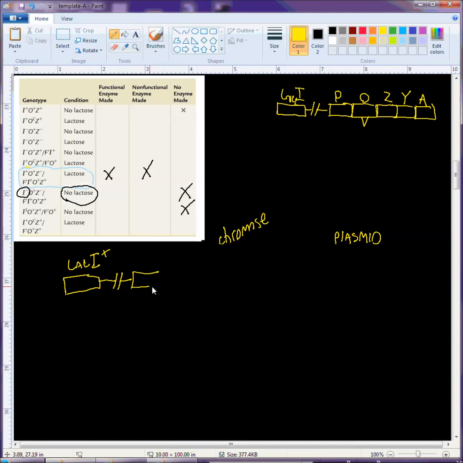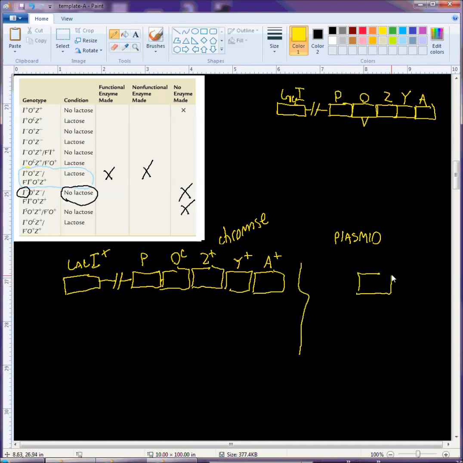Now let's diagram the operon. So P, and we have OC. Again, I'm getting a little tired of OC. Z plus, Y plus, and A plus. And on the plasmid, we have O plus and Z plus.